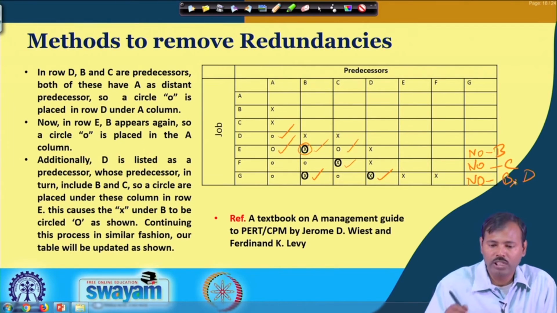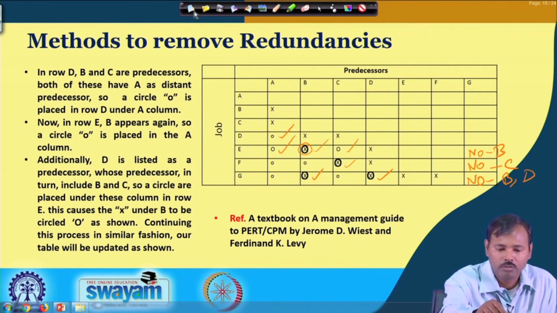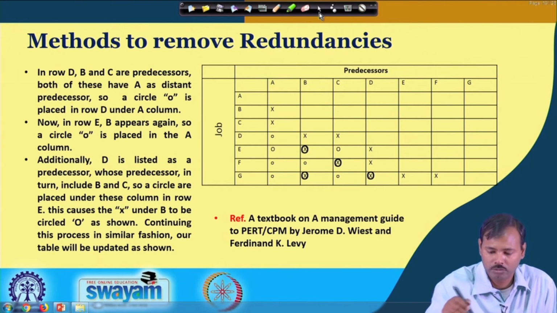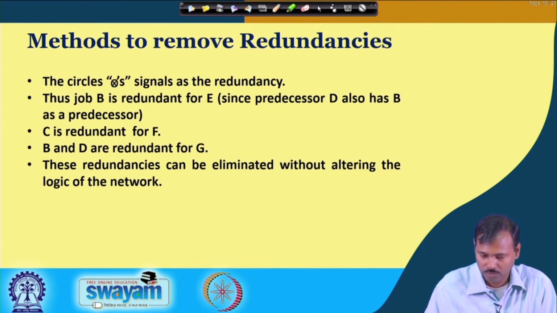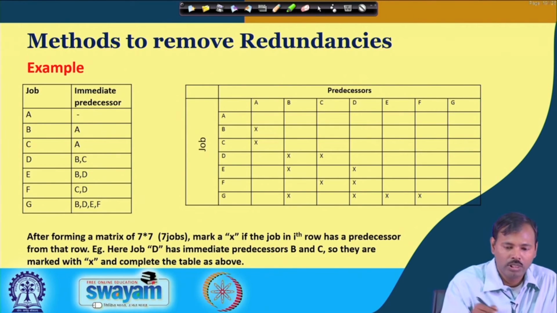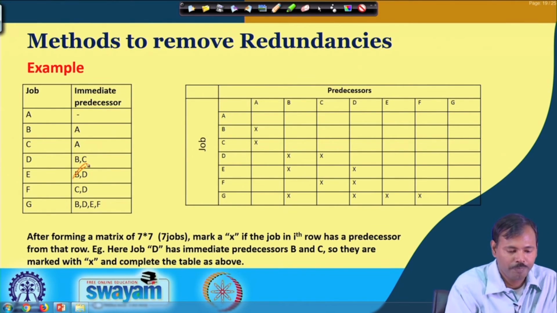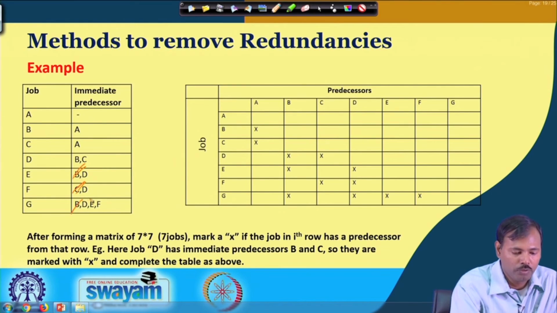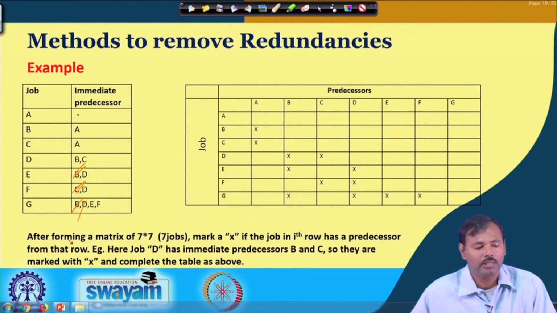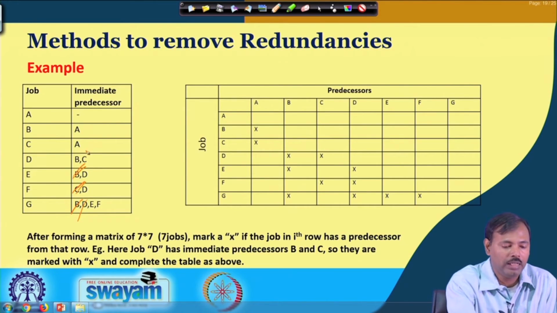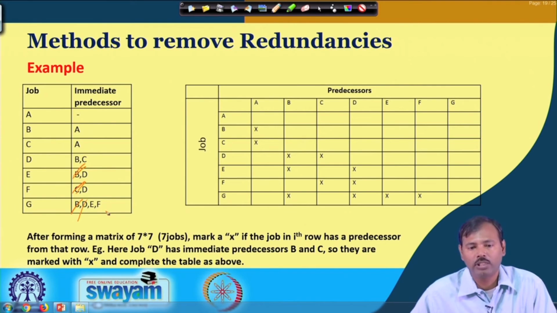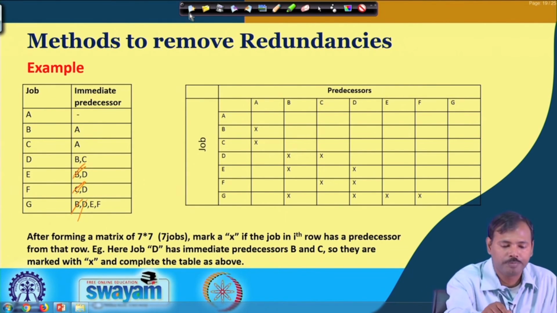If you look into the table now, we have to remove B from here, we have to remove C from here, and we have to remove B and D from here. So, the new table will be A, A, B, C, D, D and E, F, and accordingly we can construct the network.